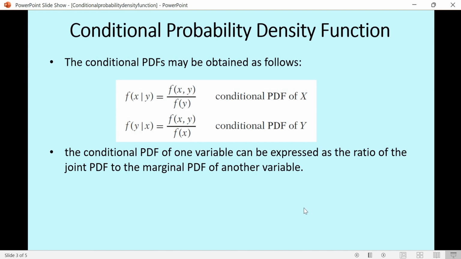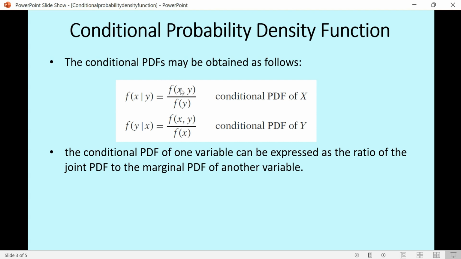And how do we calculate the conditional probability? Normally we can use this expression: f(x given y) equals f(x,y) divided by f(y).